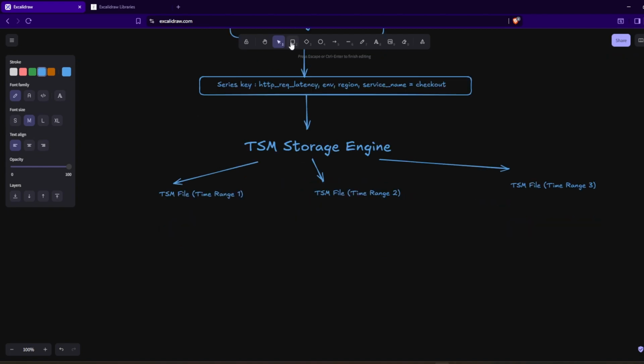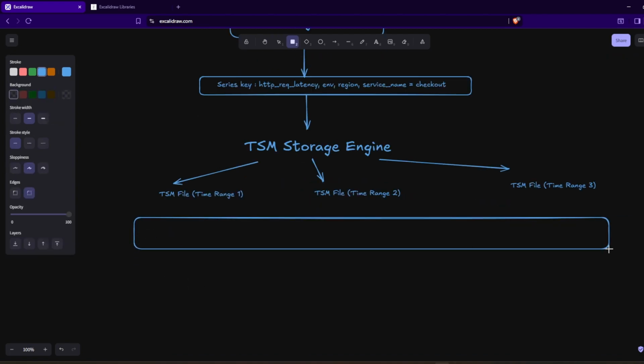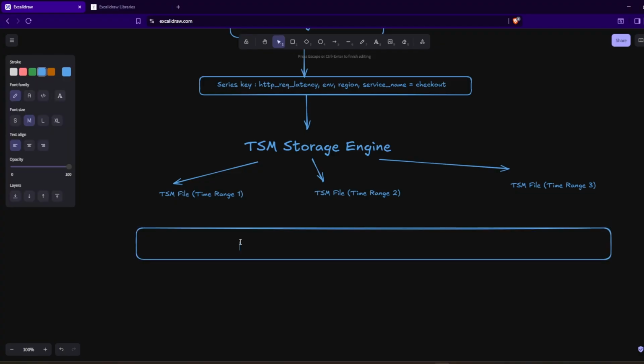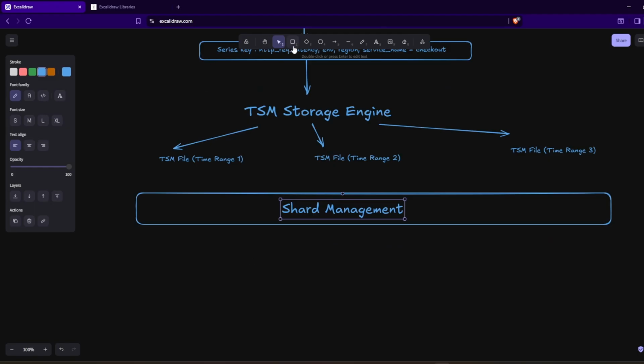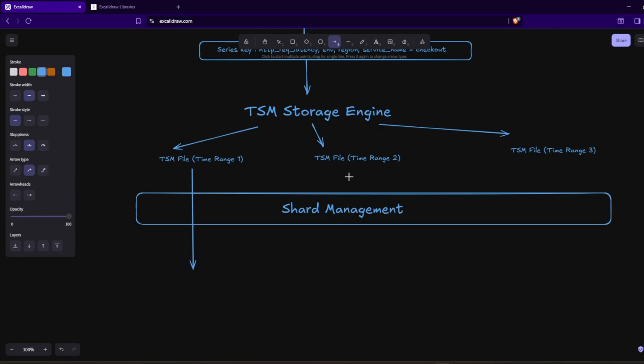And all of this will have to go through something called shard management. So this shard management layer will be responsible for taking all the data to the proper shard. Through this shard management, these TSM files would go to different shards.